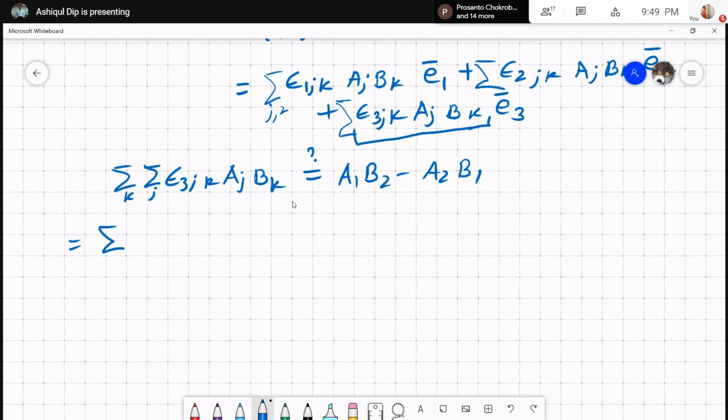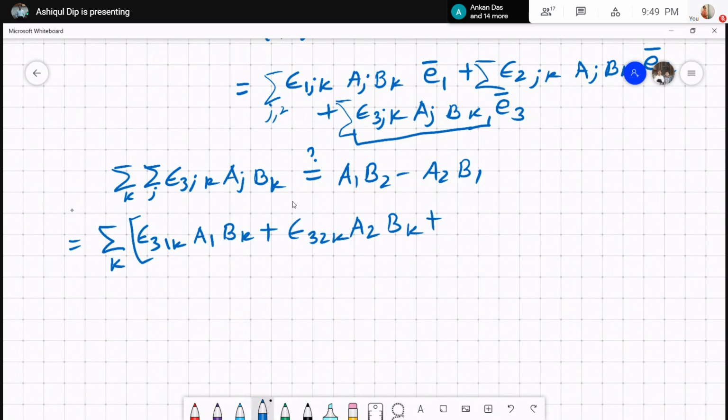If you have your sum over k and you are expanding your sum over j, it gives you epsilon 31k a1 bk, plus epsilon 32k a2 bk, plus epsilon 33k a3 bk.